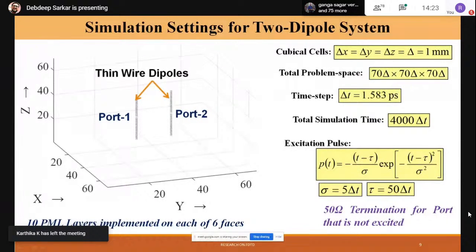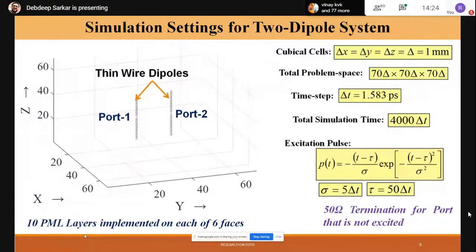It is the same concept as in the previous case, where I showed how the numerical attenuation happens in Berenger's PML formulation. Here also I put these 10 perfectly matched layers on 6 faces. In this case, you can see there are total 6 enclosing faces for this complete thing.